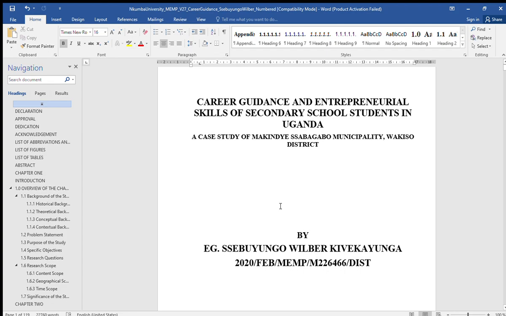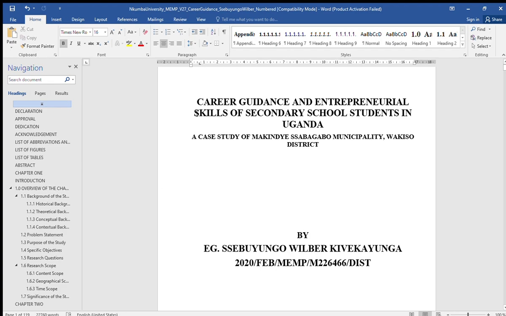On this cover page, you're expected to include the topic, the research topic. Remember that a research topic should have 2 variables. But for the purpose of this lecture, we are not going to dwell so much on how to construct a topic.